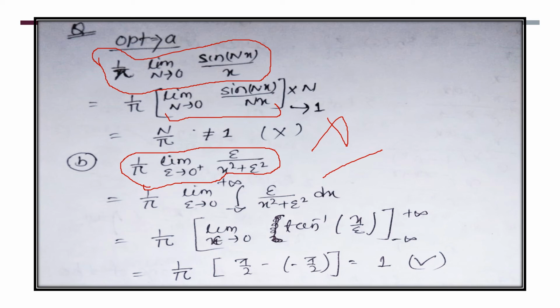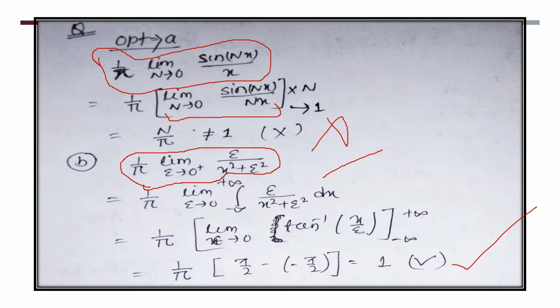If you use the limits, then that will be 1 by pi times pi by 2 minus minus pi by 2. So this will be 1. So the function that represents the Dirac delta function has integral 1, so it will match.